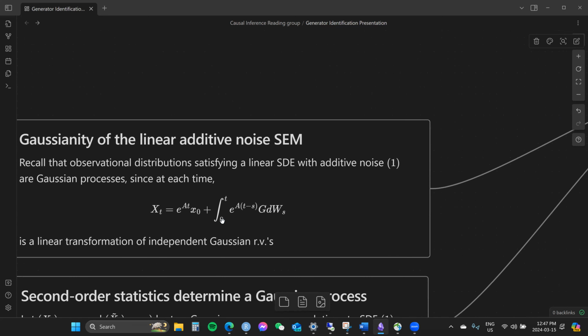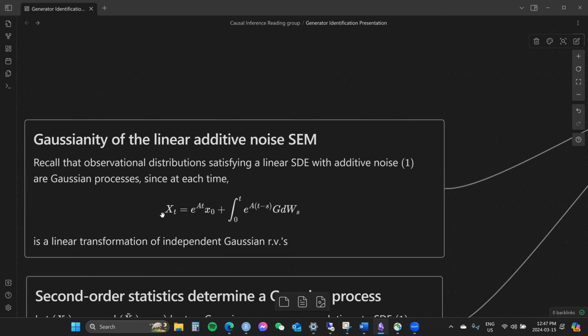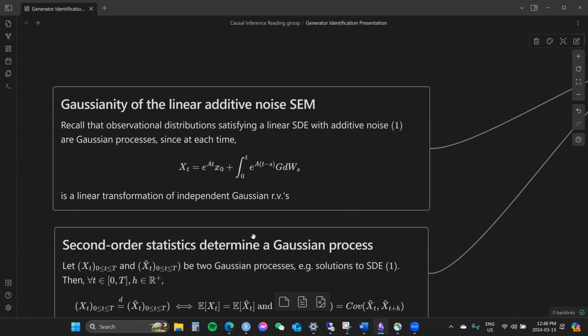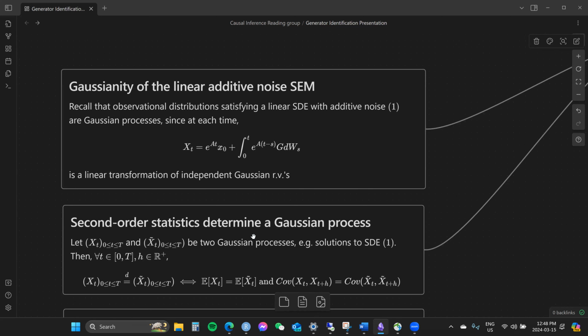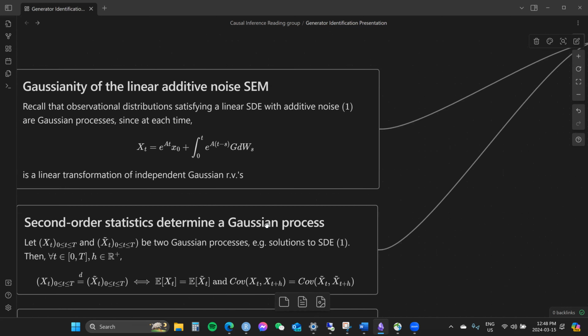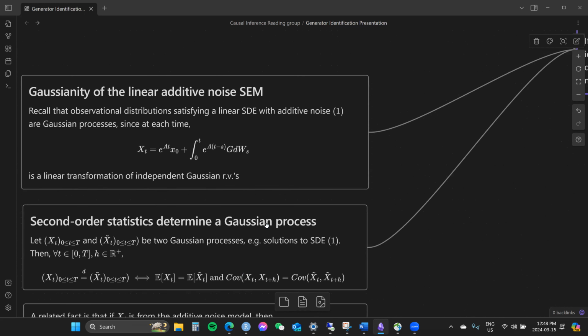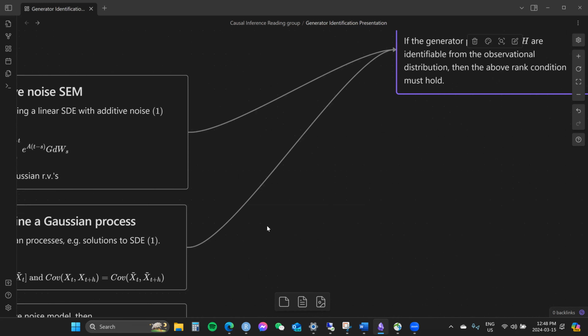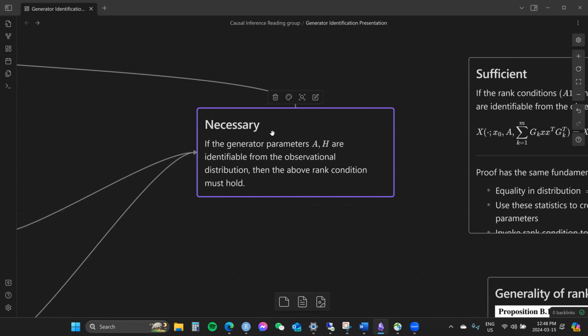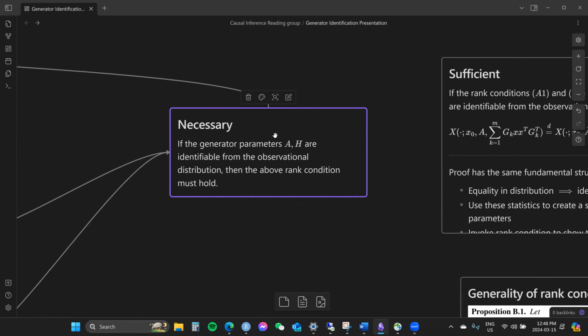Technically you have to do some kind of limit thing, but it's well known that the solutions to this SDE are Gaussian. And that means it's completely determined by statistics. So because of that fact, you also show that the rank condition will always be true if you have identifiability.